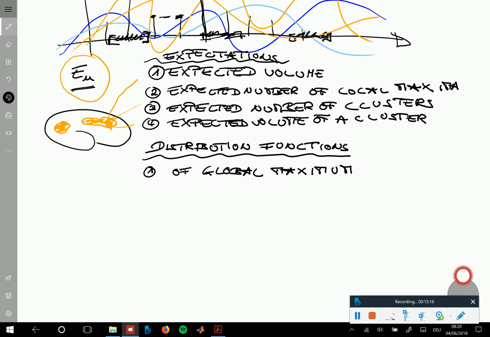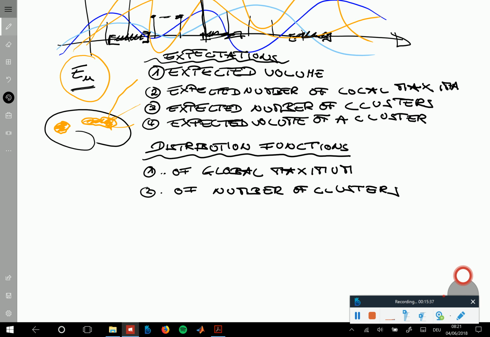So the distribution function of the global maximum, the distribution function of the number of clusters, where of course knowing the expected number of clusters is of help to actually come up with a distribution function of the number of clusters.